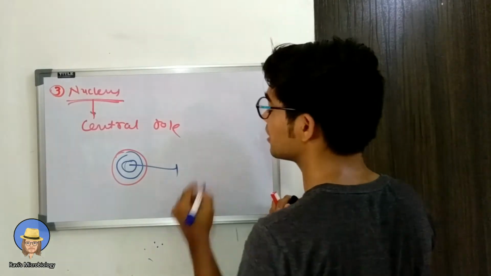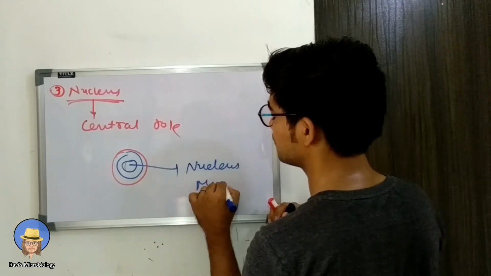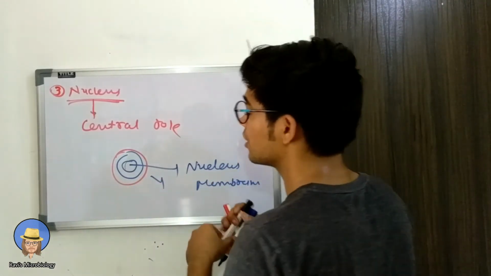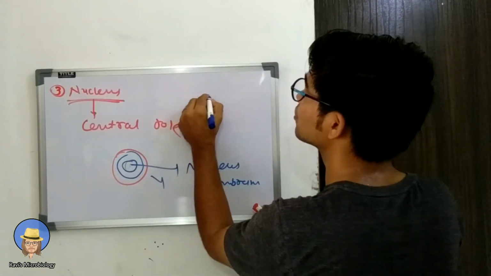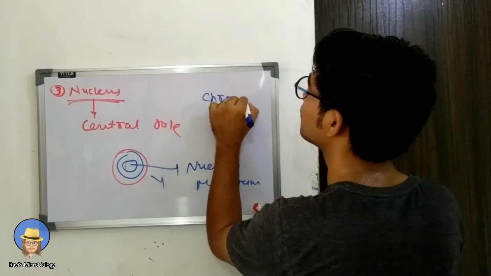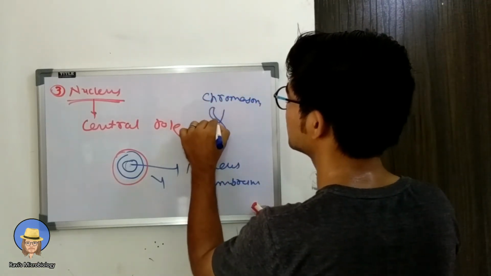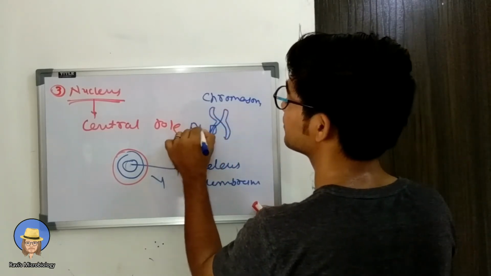It is protected by the nuclear membrane, and that's why it's called the nucleus. The nucleolus is in the center. It contains chromosomes, rod-shaped chromosomes, like this. And a segment of a chromosome is called DNA.